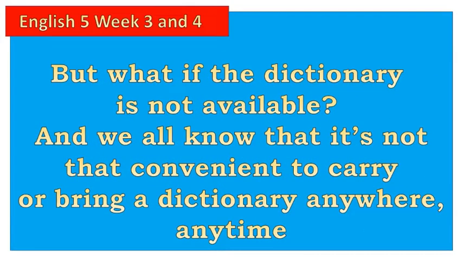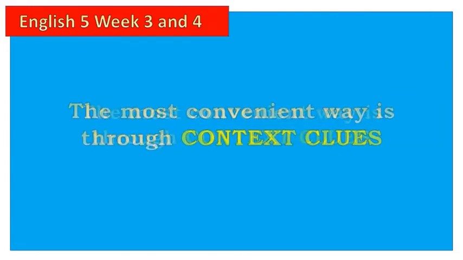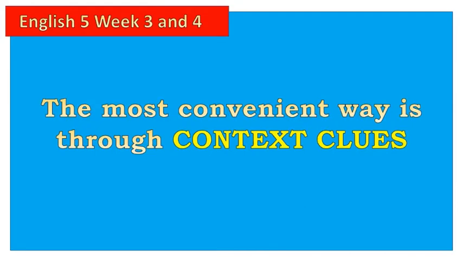But what if the dictionary is not available? And we all know that it's not that convenient to carry or bring a dictionary anywhere, anytime. How can we know the meaning of a word? The most convenient way is through context clues.